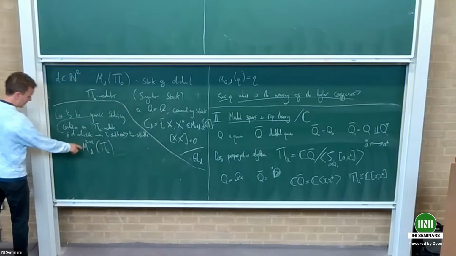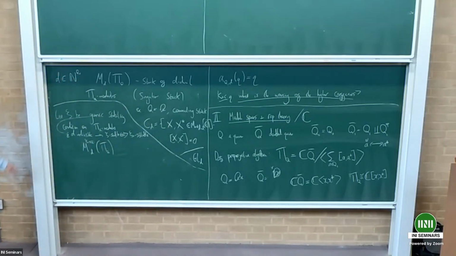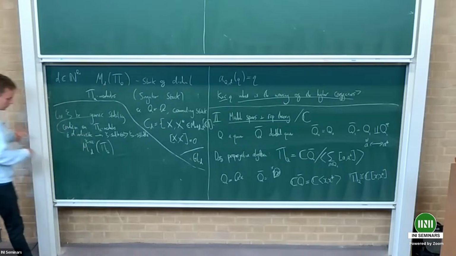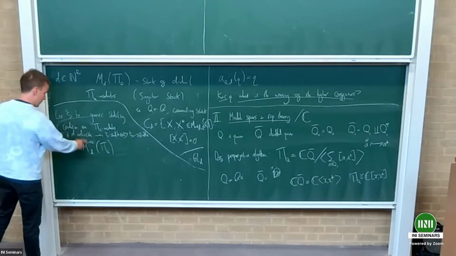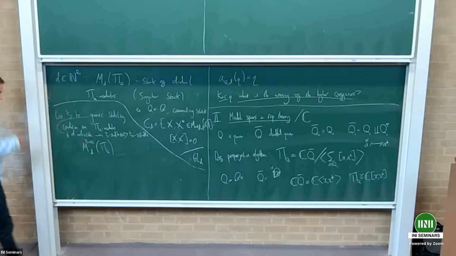Okay, so now I can consider this guy. This will now be a smooth stack. It will still be a stack because the points' automorphism groups record the automorphism group of the underlying module. Because everything is semistable and thus stable, those automorphism groups will all be the same. They'll all be C star.